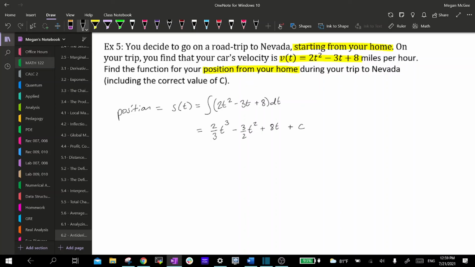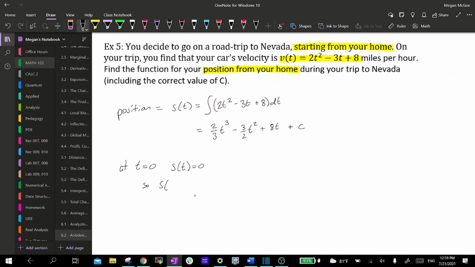Okay, so this tells us that at the very start of our trip, so at t equal to 0, we were starting at the house. So we hadn't left the house yet, which means our distance from the house had to be 0. S of t had to be 0.